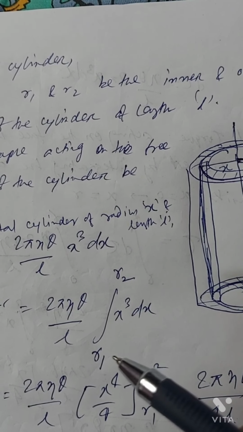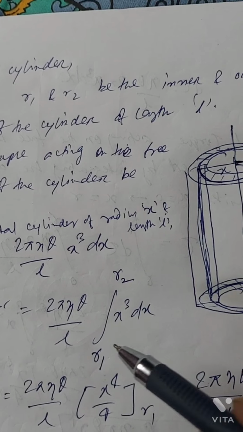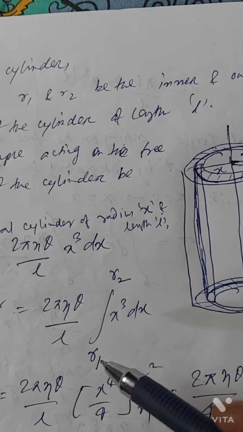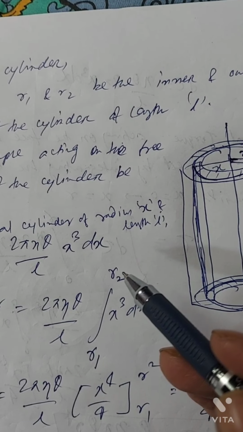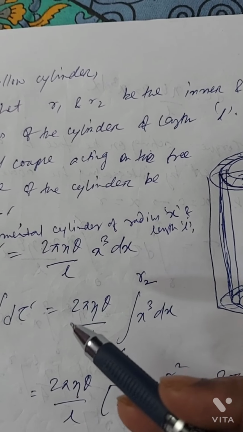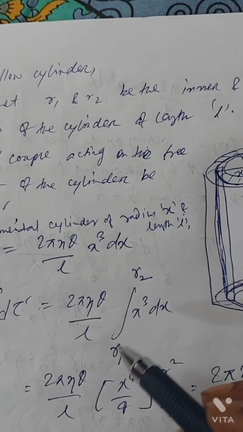But for the hollow cylinder, x will run from the smaller radius r1 to the larger external radius r2. So for the same formula, we will integrate from r1 to r2.